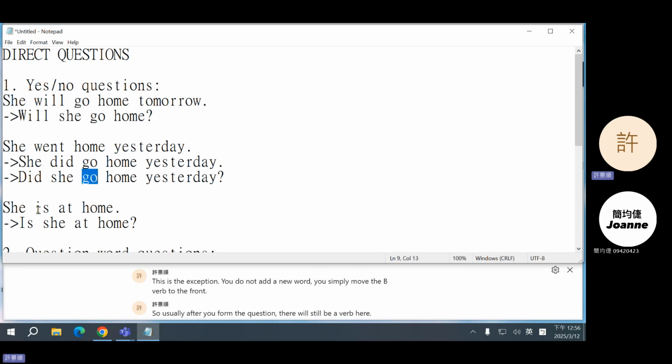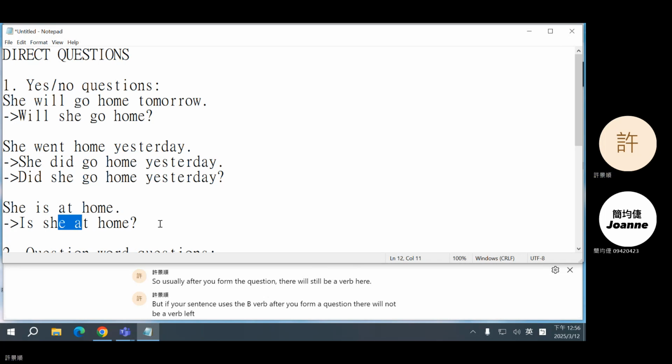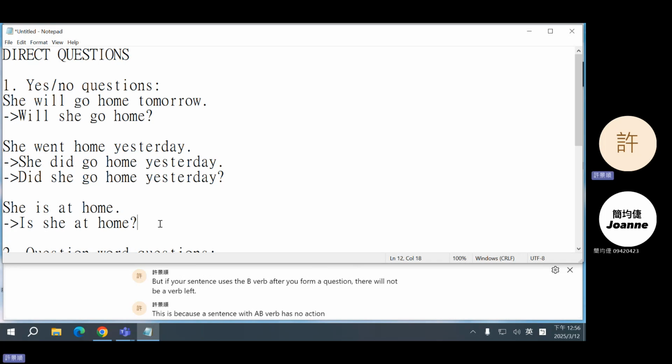But if your sentence uses the be verb, after you form a question, there will not be a verb left. This is because a sentence with a be verb has no action. It's simply describing a situation. So there's no action, so you don't need a verb. Okay, these are yes or no questions.